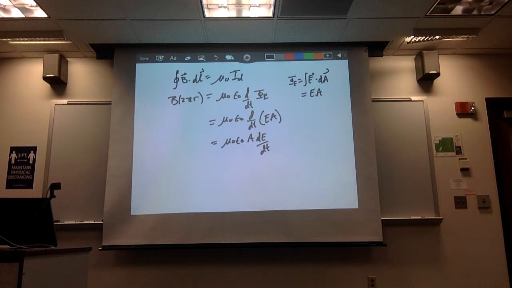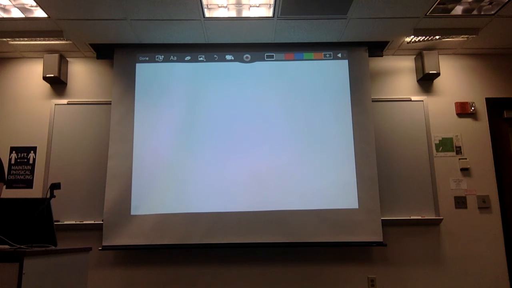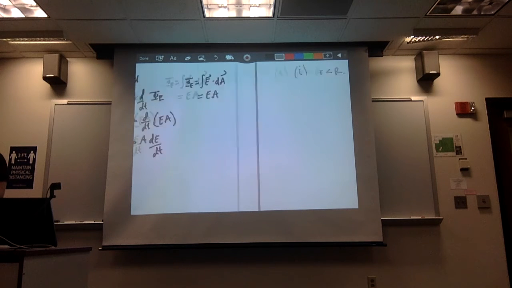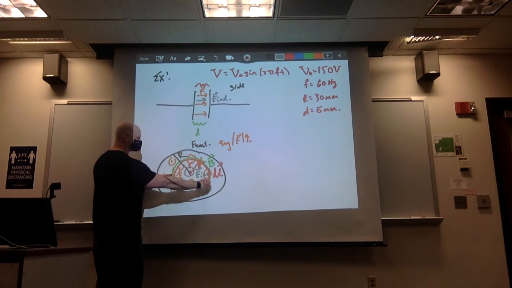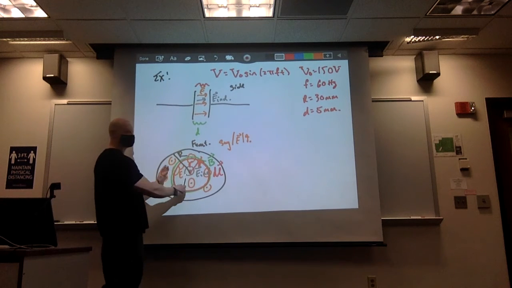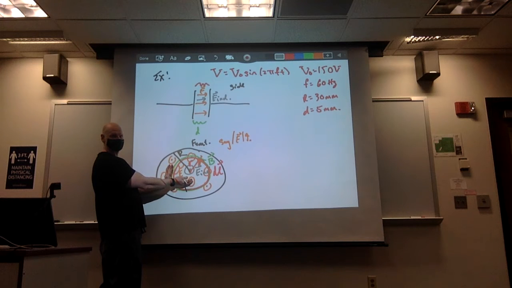Now, from here, let's specify that we're looking at the interior. So when we're looking at the interior, that means r is less than capital R. As long as I'm looking at the interior, what I care about is the amount of area which is enclosed inside of this Amperian loop, because this is where my flux is actually passing through.